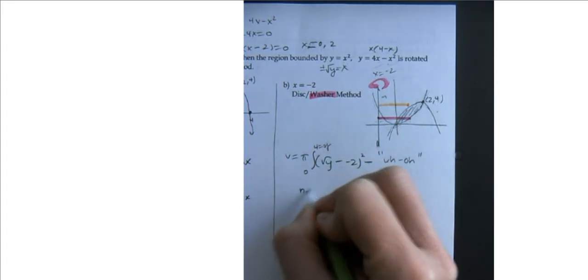Now, I hope you're realizing that we have a problem here. A big uh-oh, because if I want y in this, just like y is here, I need x equals. So I need to solve y equals 4x minus x squared for x.